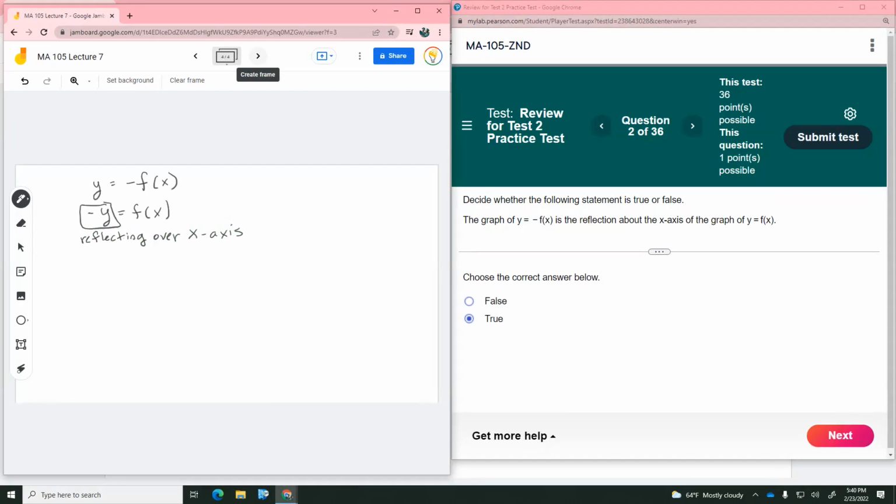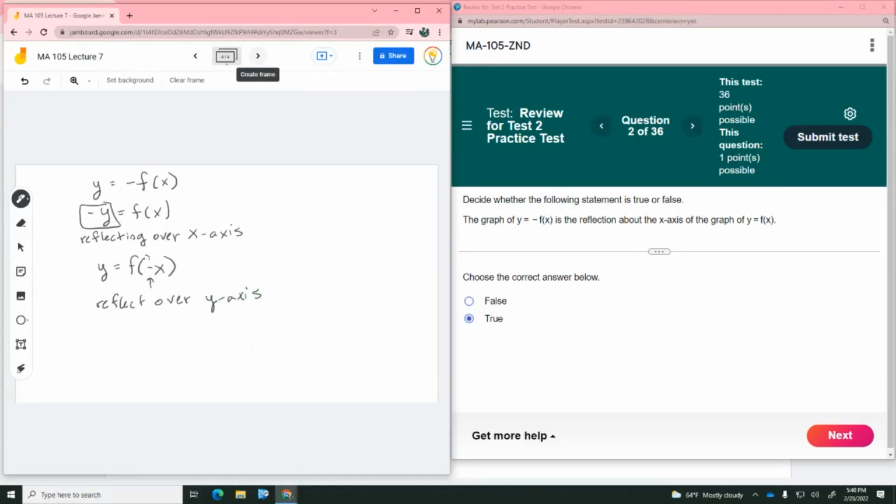So if you see negative y, you reflect over the x. If you see f of negative x, now the negative's not on the y, it's on the x term, so you would reflect over the y-axis. Everybody cool with that?